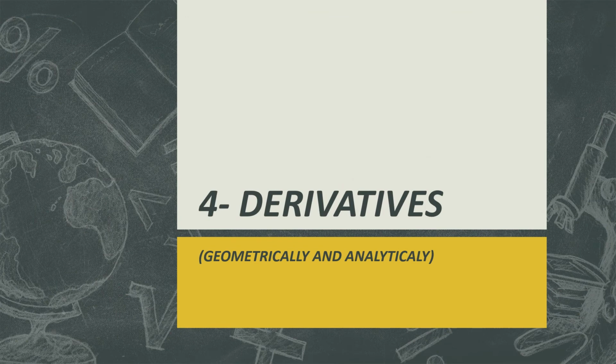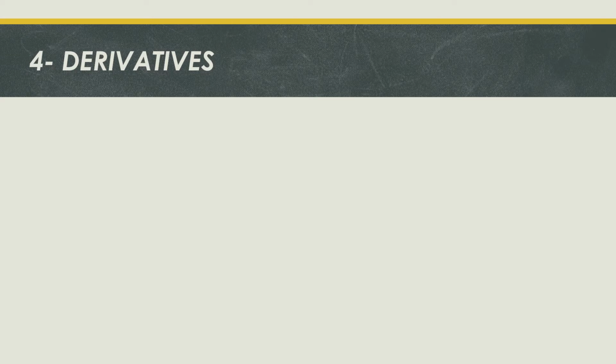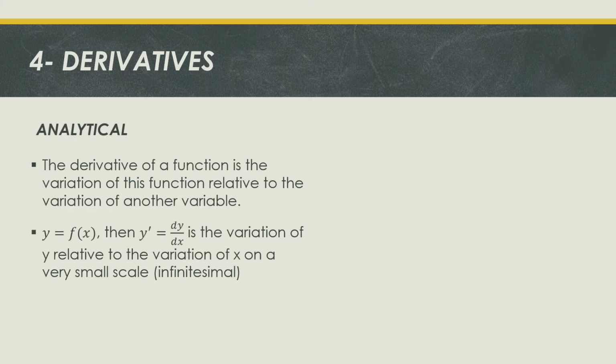Now we go to the real deal, derivatives. What we are interested in now is the meaning of a derivative and how a derivative should be calculated. So first we go to the analytical definition, in which a derivative is said to be the variation of a function relative to the variation of another variable.